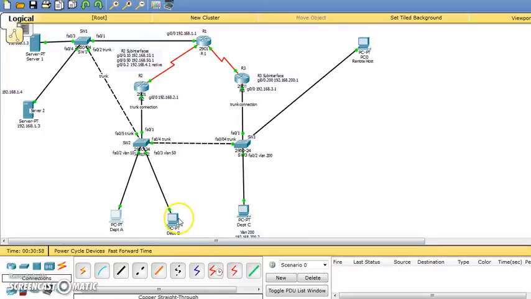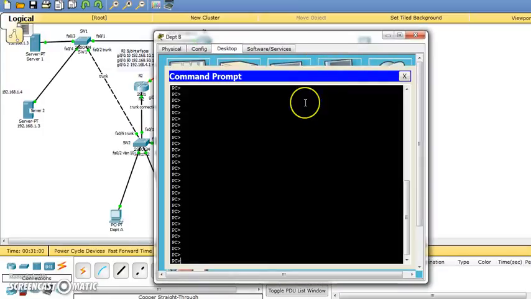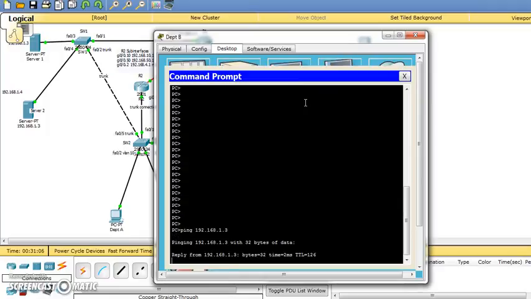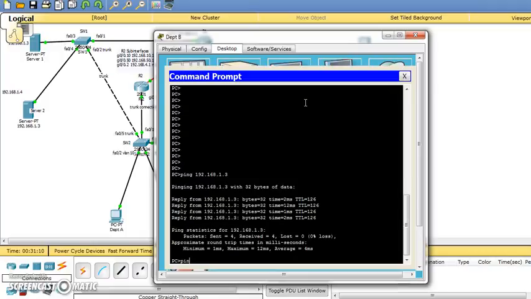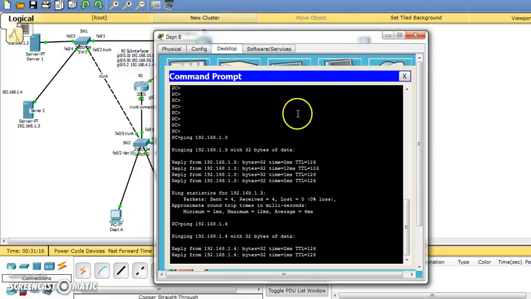I'm going to go ahead and move on to Department B and do the same thing. Okay, got successful replies there, as well as for the second server.